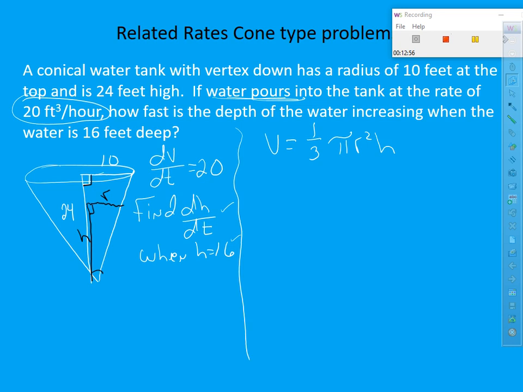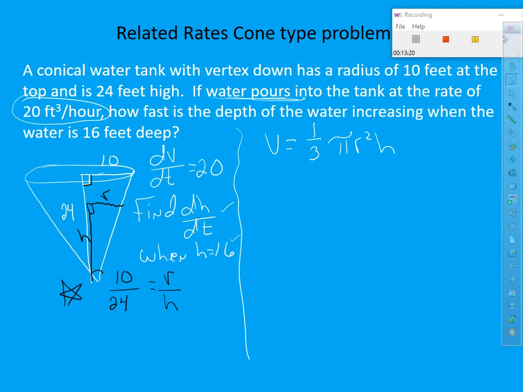So now here's what I'm going to do. I'm going to say 10 is to 24, the radius of the original cone is to the height of the original cone, as the radius at any time is to the height at any time. So there I've just come up with a relationship between the radius and the height.